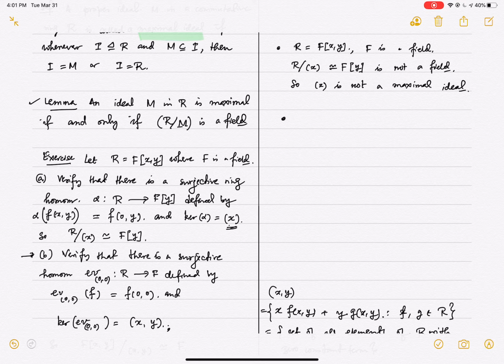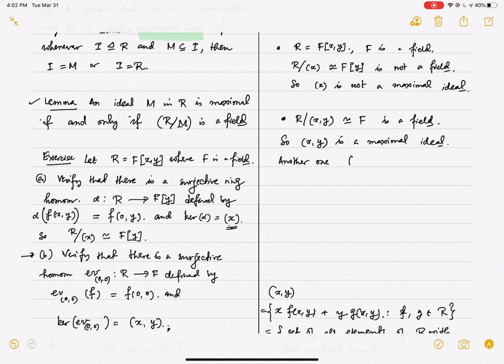But then if you take R mod (x,y), that we just said is isomorphic to F, that was part B. That is a field. So (x,y) is a maximal ideal. Another one would be something like (x minus 1, y minus 2).